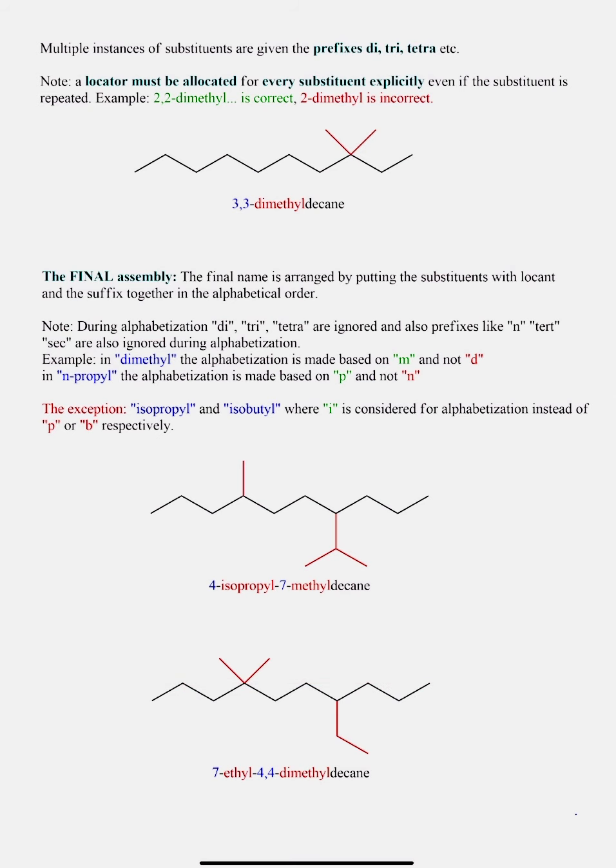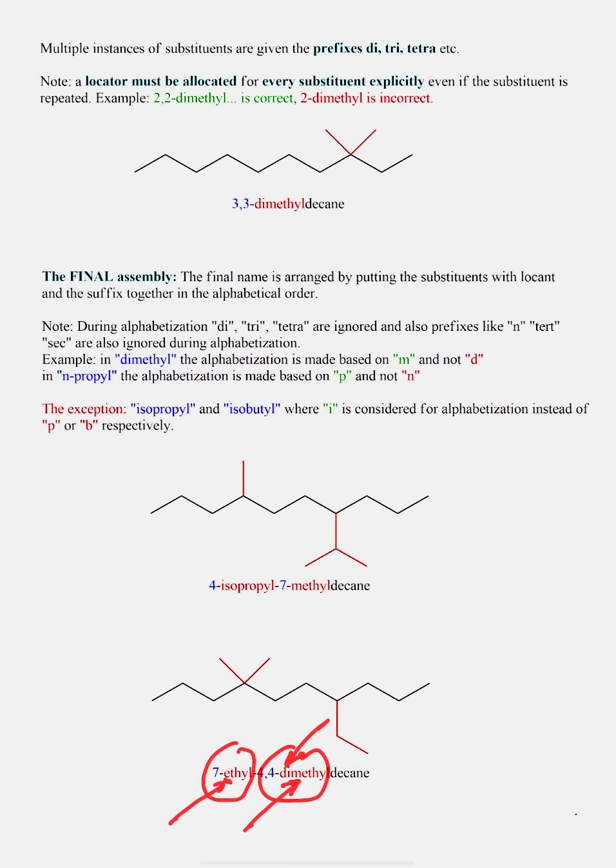Fine. After numbering, which comes first here? 4-isopropyl came first. You know why? Because I comes before M. But here, 7-ethyl comes before 4,4-dimethyl, because E comes before M, and I'm not considering D for alphabetical order.